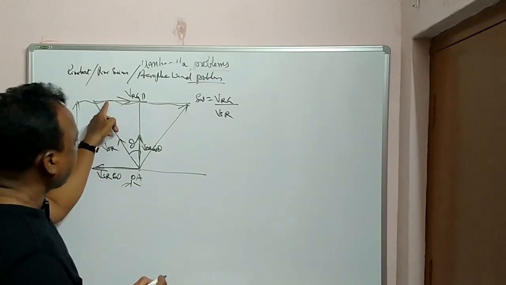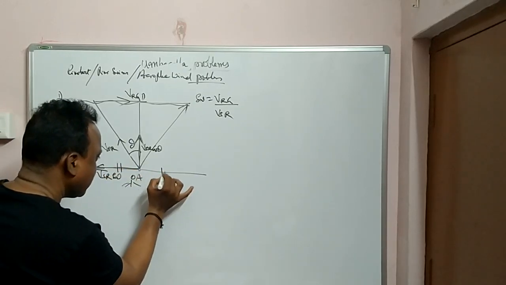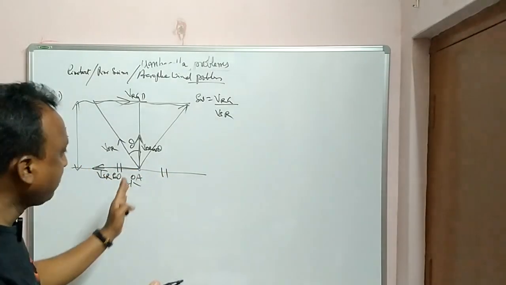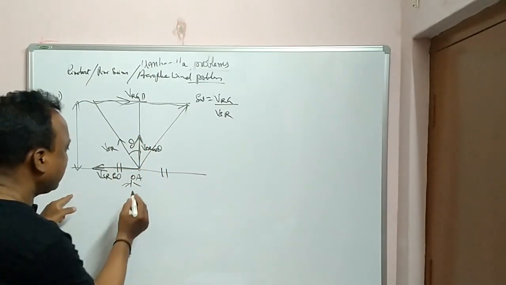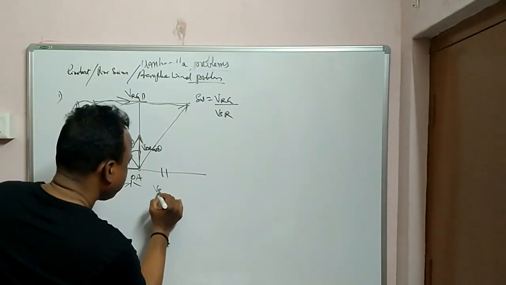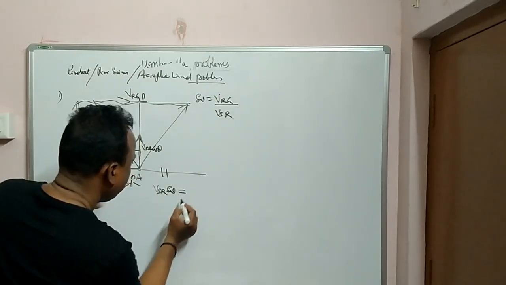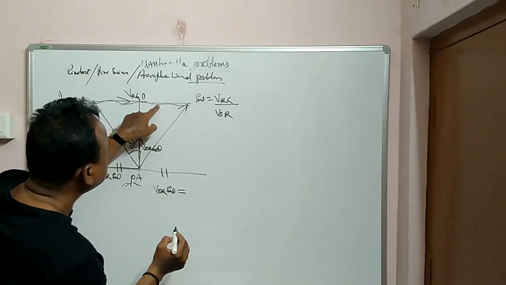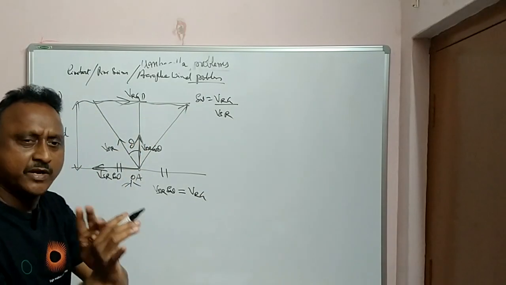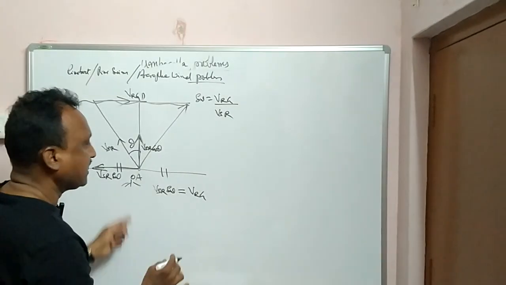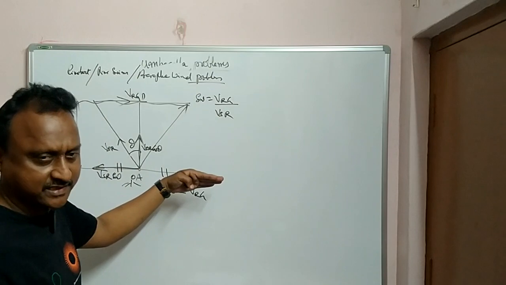Now if the river is also flowing, these two velocities should cancel each other. Then only there will be no drift. That means the horizontal component of the velocity of the swimmer with respect to river should be equal to the velocity of the river with respect to ground. Then the drift is zero. Otherwise, the person has to go in this direction or that direction.